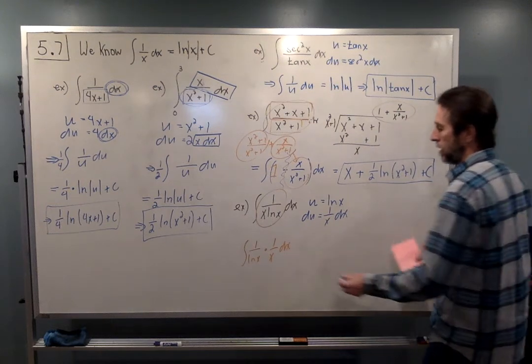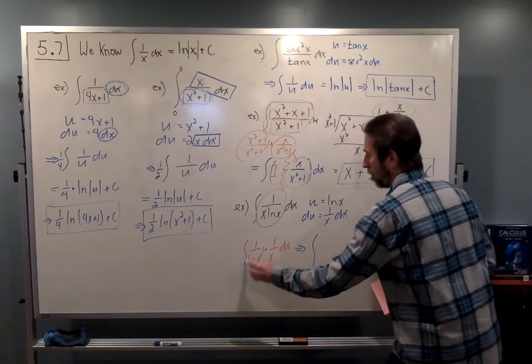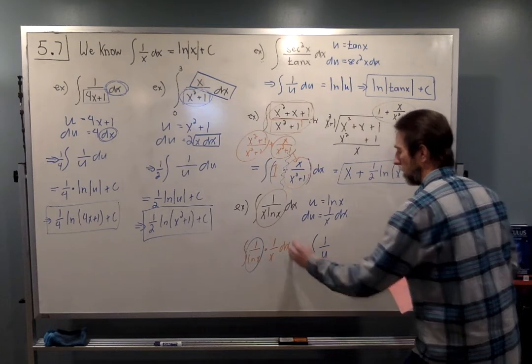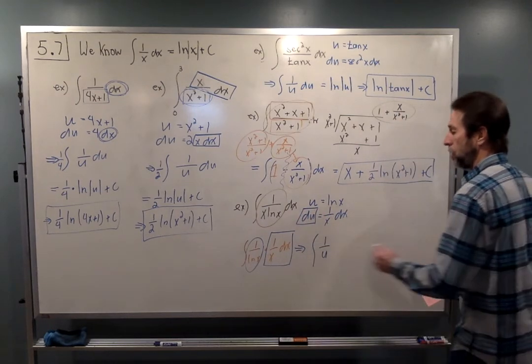Now if I go ahead and use u substitution, all of this here becomes 1 over u, and then 1 over x dx is the same thing as du.